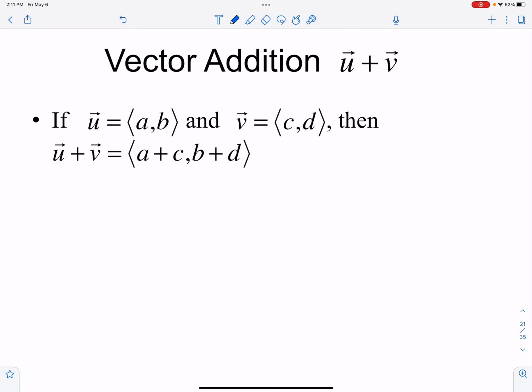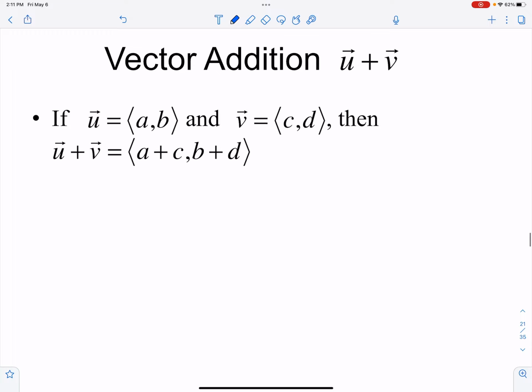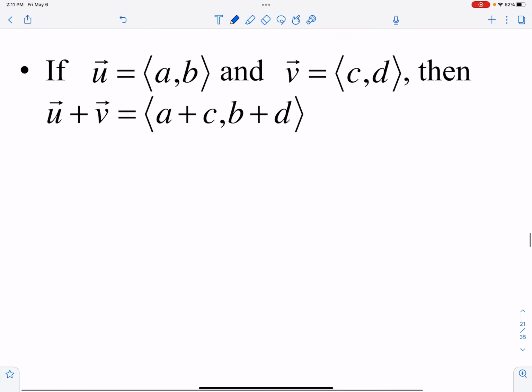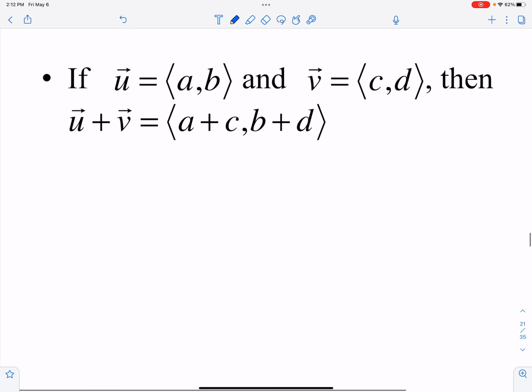Okay, vector addition is actually really simple. You just think about adding the two horizontal components and adding the two vertical components. I want to show you why this works geometrically. If we thought about adding vector u and vector v together, let's think about using the tail to tip method. Let's say that this represents vector u and this represents vector v.